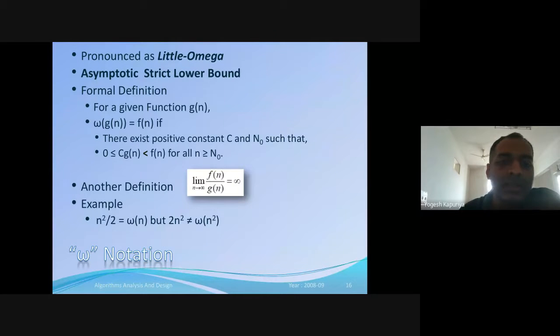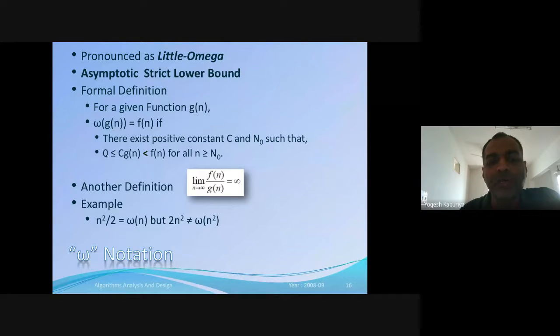Okay. Similarly, there is little omega, which is again a strict lower bound compared to omega. Here we have removed the equal to sign. So for any given function fn, fn is considered to be little omega of gn if there exists positive constants c and n0 such that this is true.